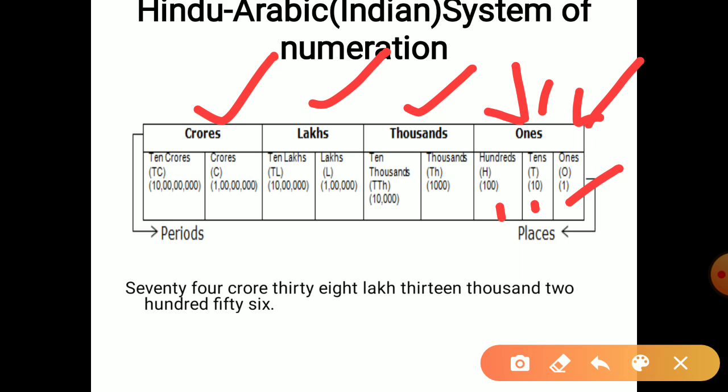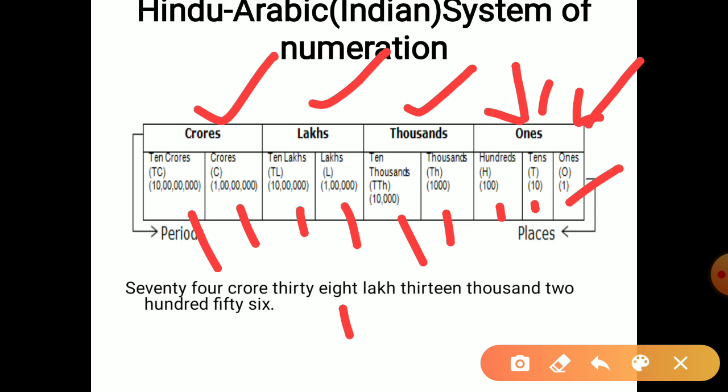Our thousand period is divided into two digits, that is thousand and 10,000. Our lakhs period is divided into two digits, lakhs and 10 lakhs, and in the end, our crores period is divided into two digits, crore and 10 crore. So, wherever you get a number, you start filling your number from the right hand side.